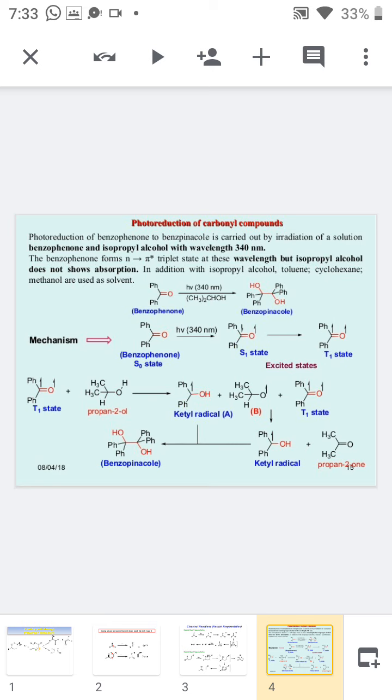After that, sometimes the enolate combines with the enolate itself, which means dimerization will occur and form a benzopinacol.